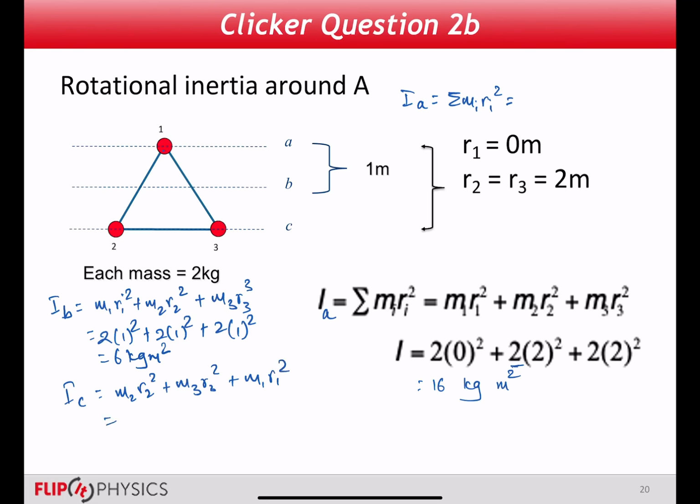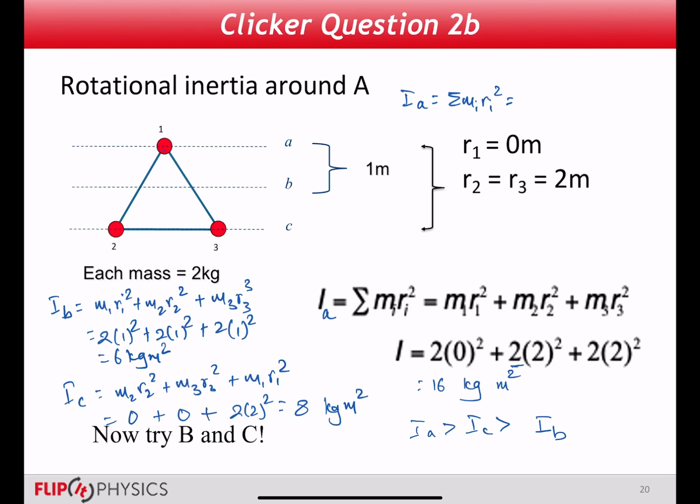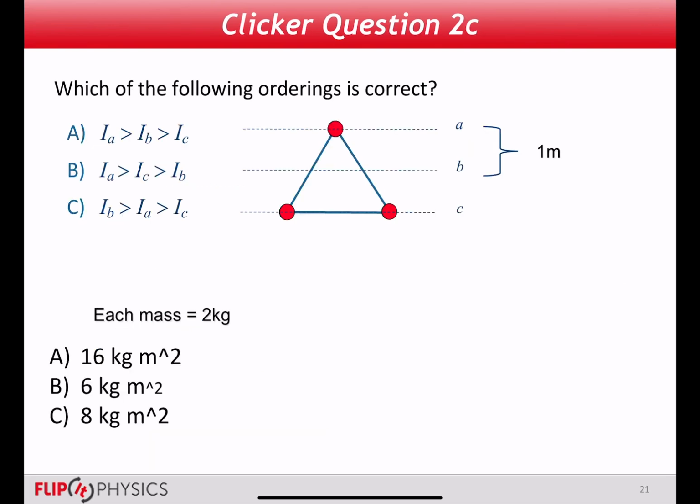Both of these r2 and r3 are 0, so this is 0 plus 0 plus m1, that is 2 times 2 squared, which gives you 8 kilogram meter squared. So the ordering would be I_A greater than I_C, which is greater than I_B. This would be your correct answer.